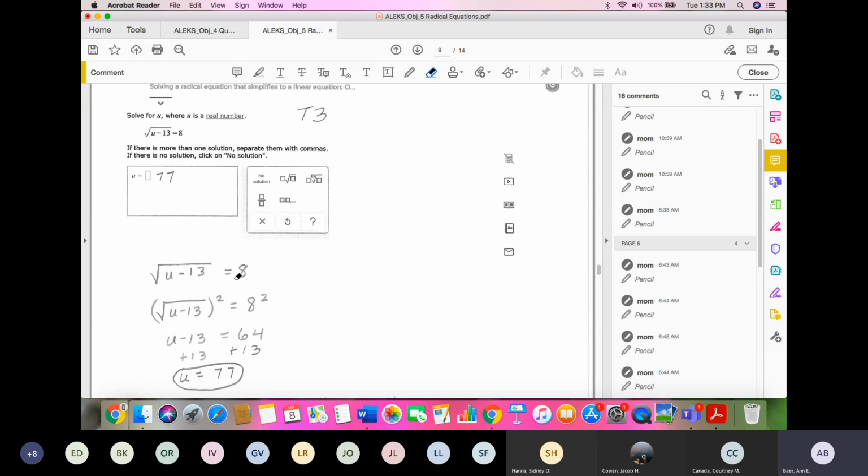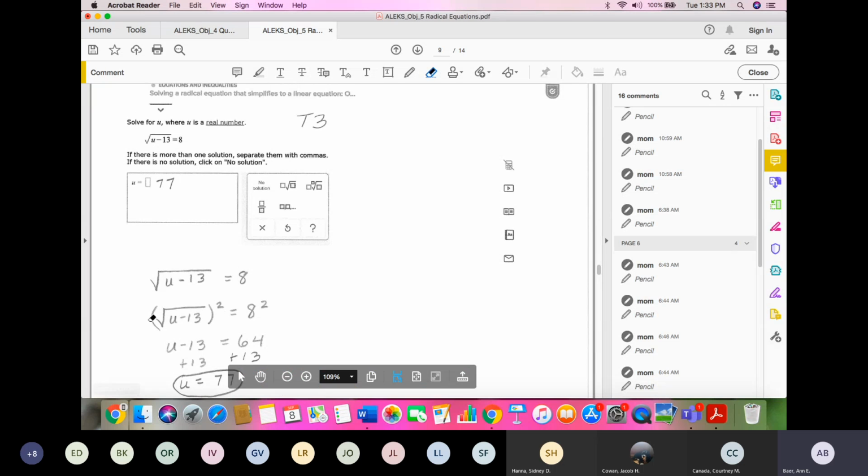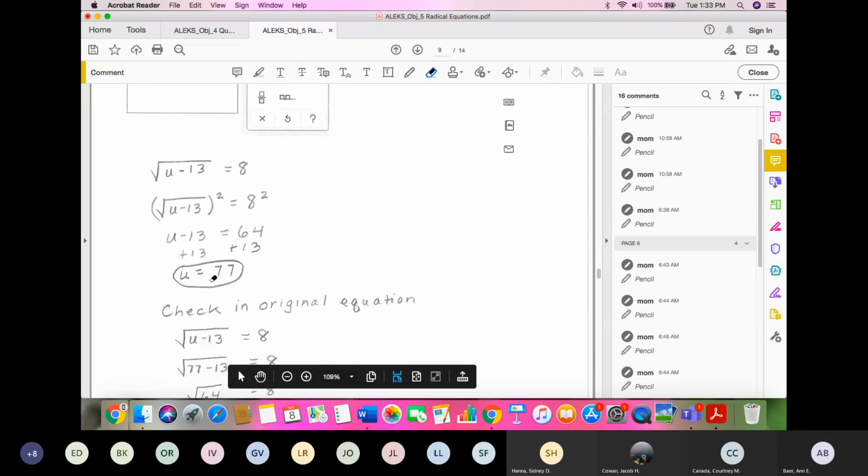The next step, square both sides. So I put this side in parentheses and I squared it. And what we do to one side, we have to do to the other. So I squared the 8. And why do we square it? Because squaring undoes square rooting. So this cancels this, in a sense, and then we're just left with the radicand, which is u minus 13, equals 8 squared. 8 times 8 is 64.